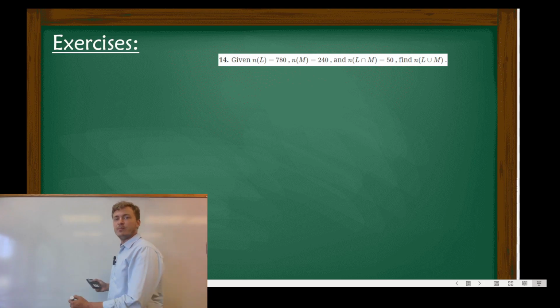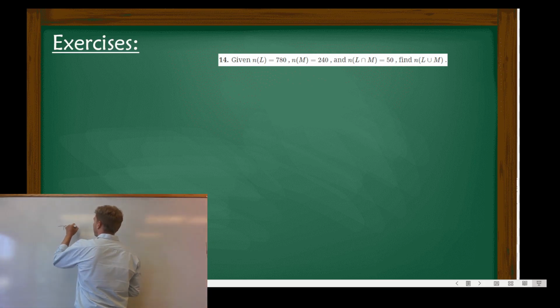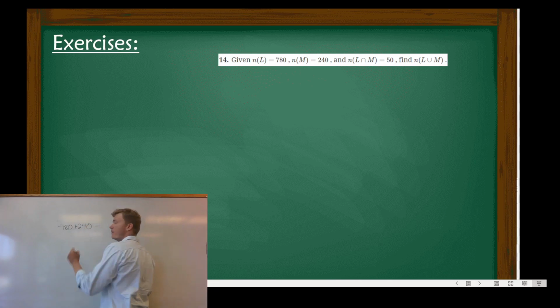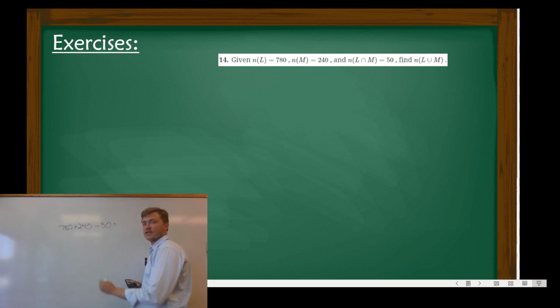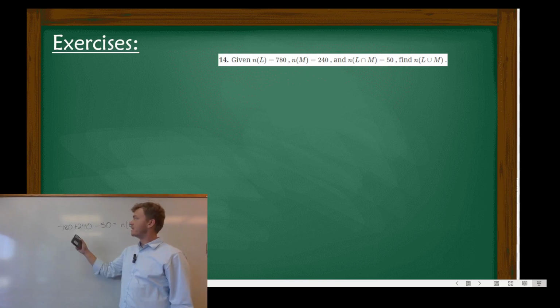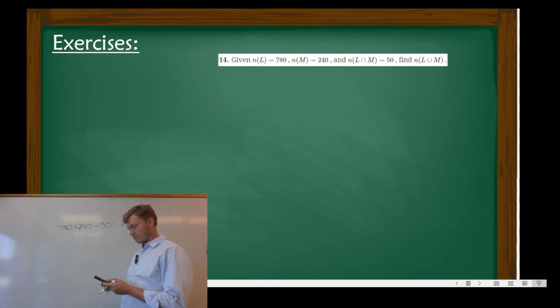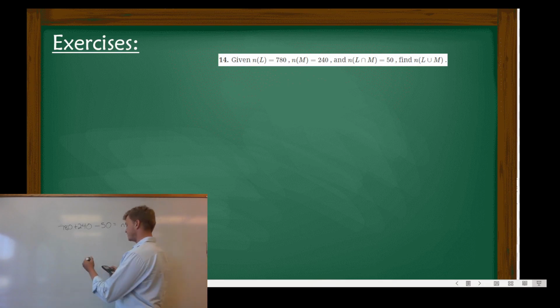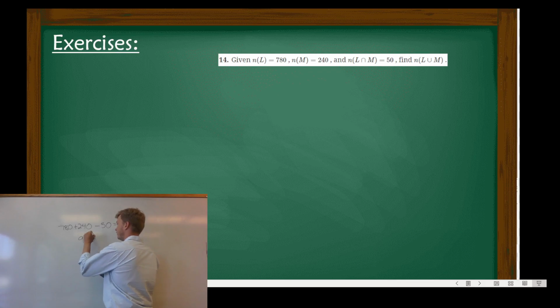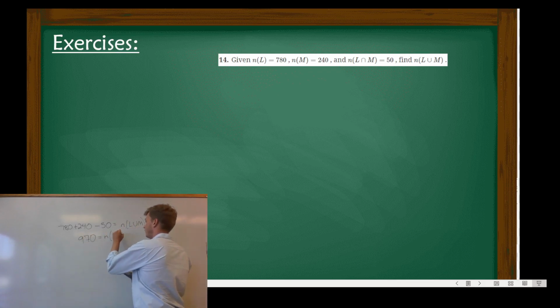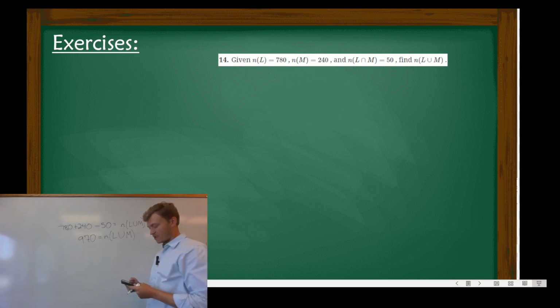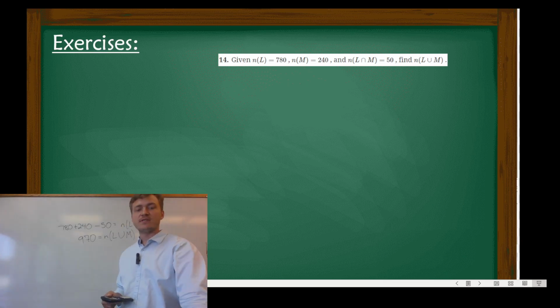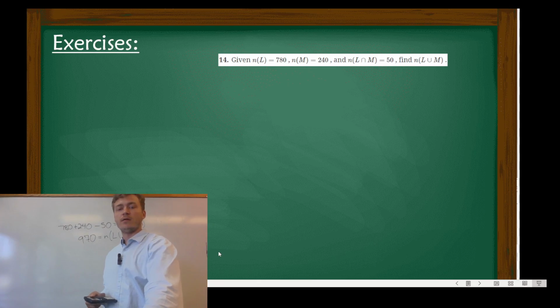We have here that 780 plus 240 minus the intersection, minus 50, is now going to give us n of L union M. 780 plus 240 is 1020, minus 50 is 970. There you have it. 970 is the number of elements that are found in the union, L union M.